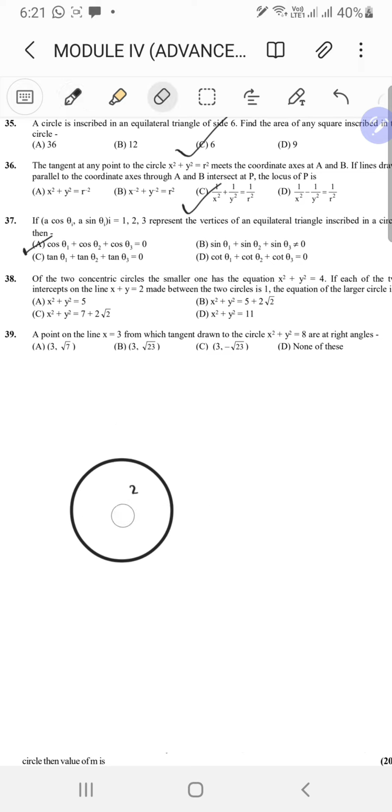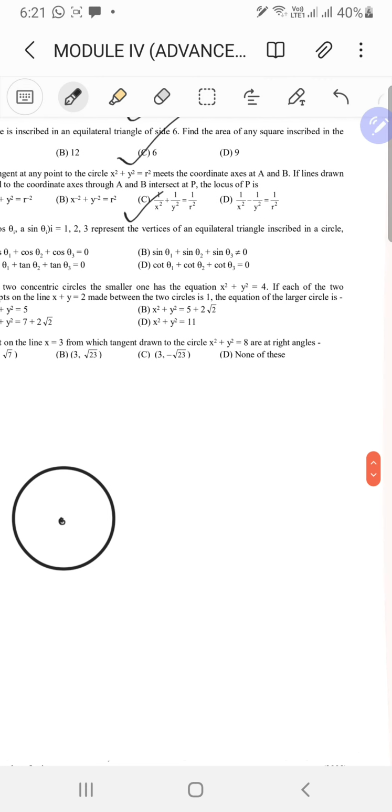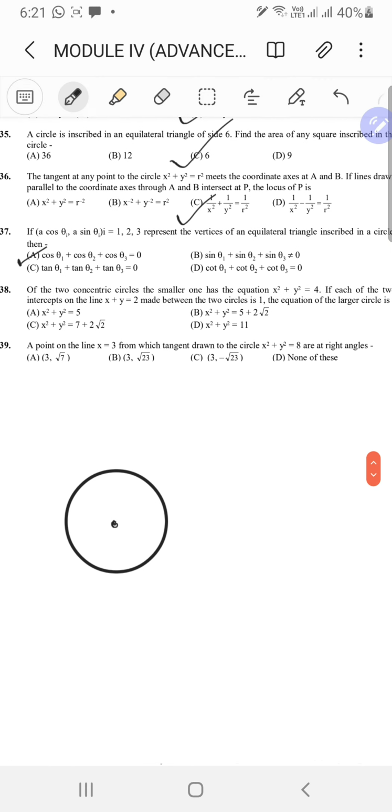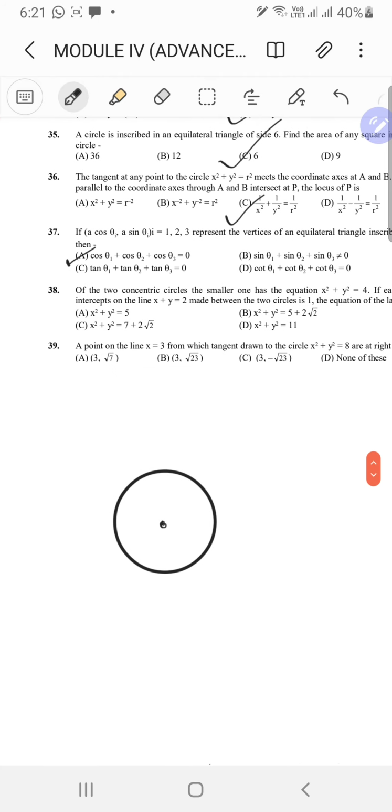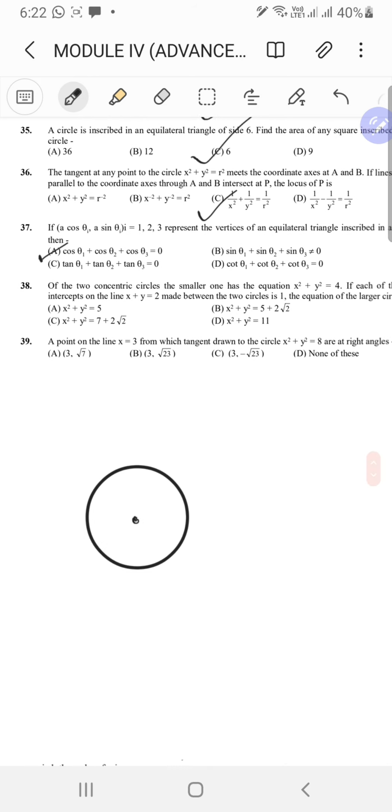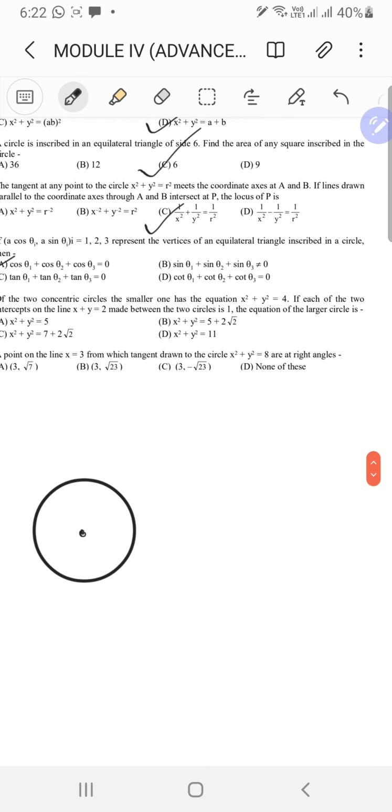We don't need to graph this. We just need to find the perpendicular distance from the center to that line, because first of all, we are asked about the radius of the bigger one, and then we can just find the locus, the equation of that circle. So x plus y equal to 2. If I put 0, 0 into that, this should be the mod of -2 upon square root of 1 plus 1.